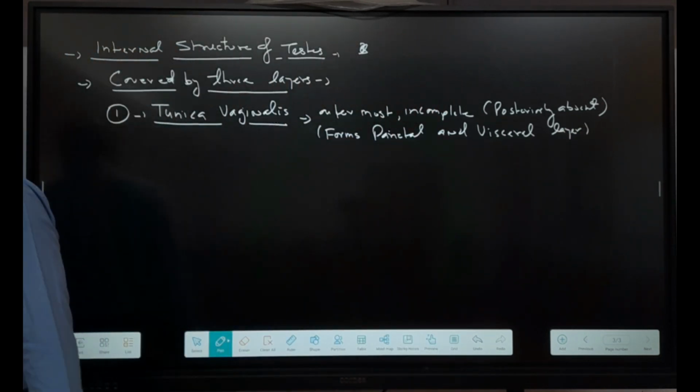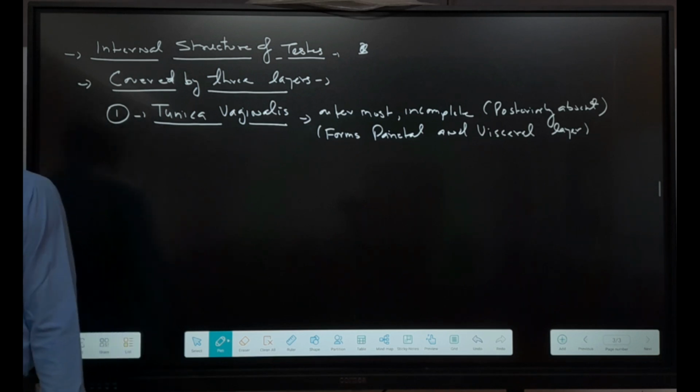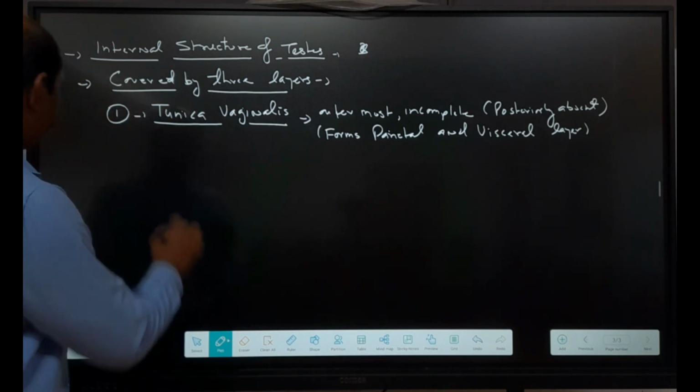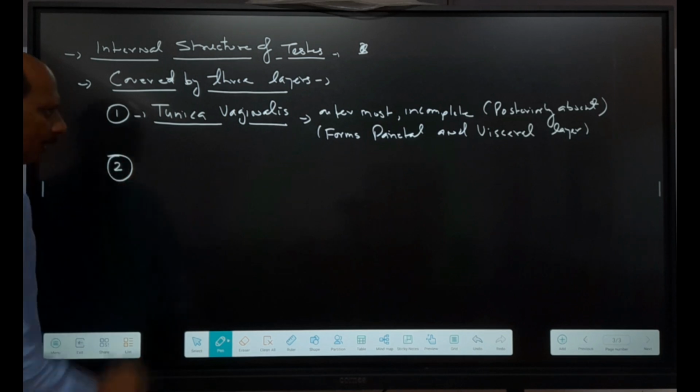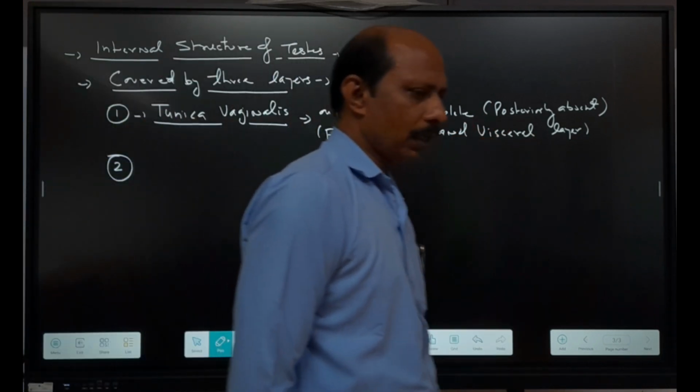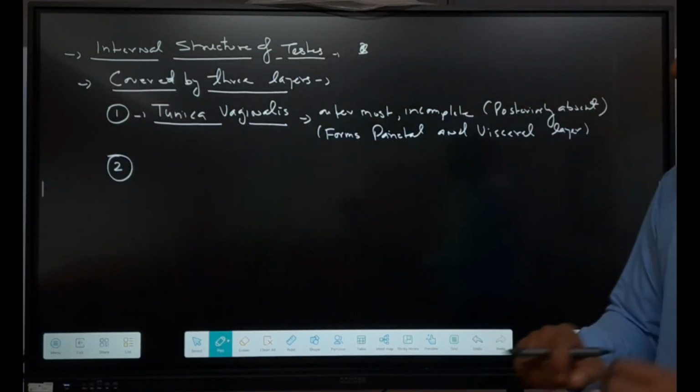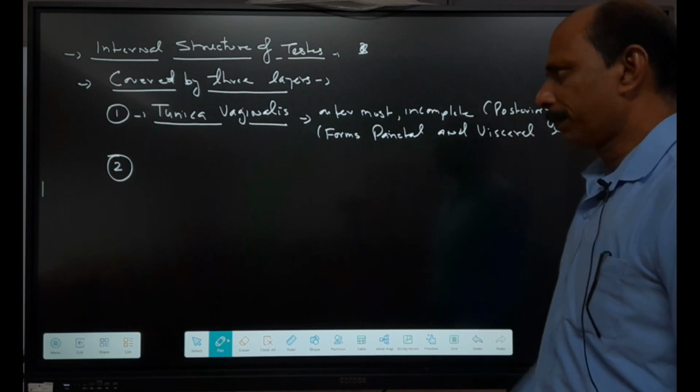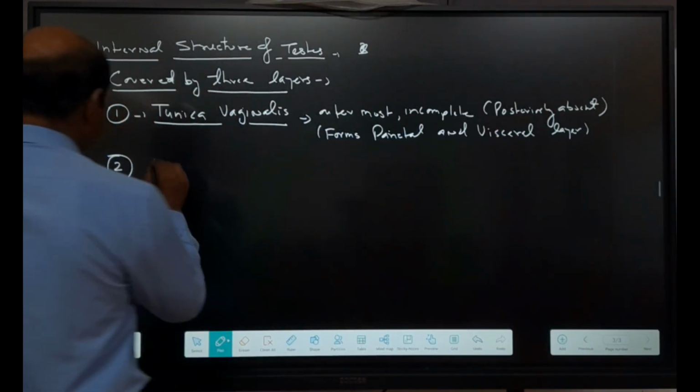Now another one is our tunica albuginea. Here I write visceral. Visceral means nerves and blood vessels come through this visceral layer, right? Second one is tunica albuginea.